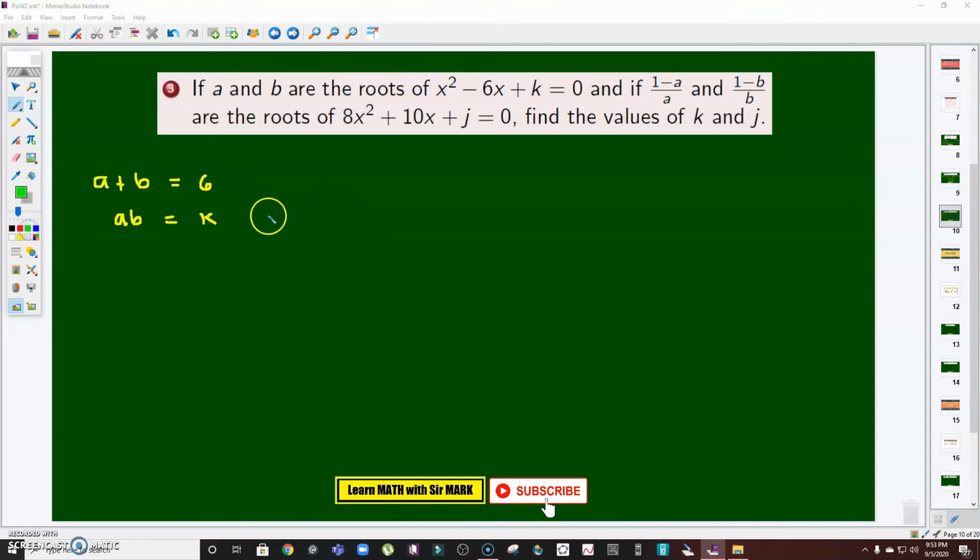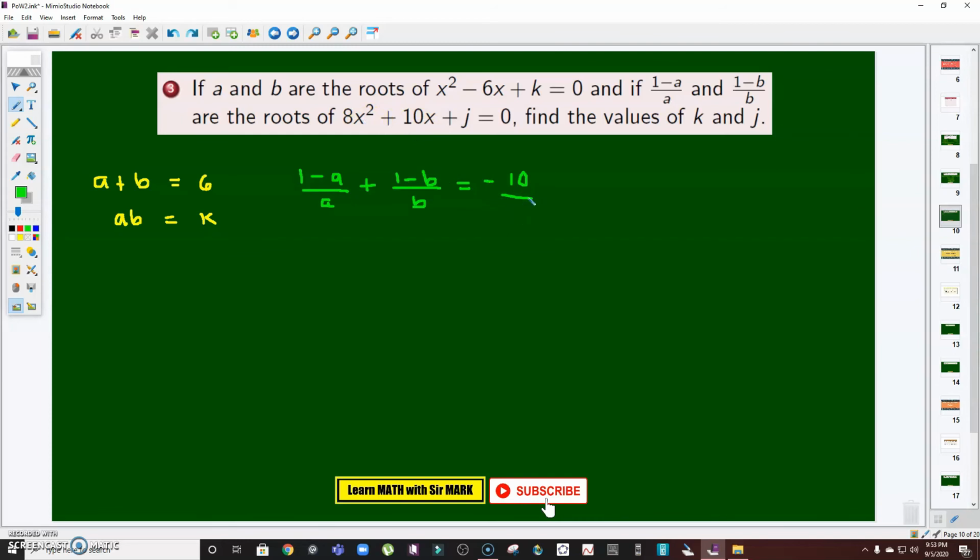Okay, so we're going to apply the same relationship on the second equation. The sum of the roots, 1 minus a all over a and 1 minus b all over b, is equal to negative of 10, which is the coefficient of the linear term, over the coefficient of the quadratic term, which is 8.